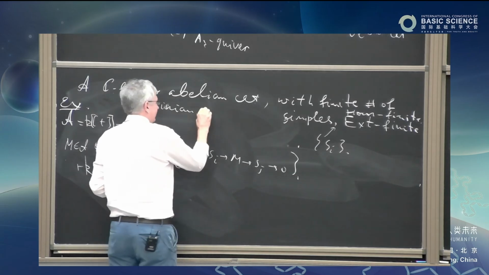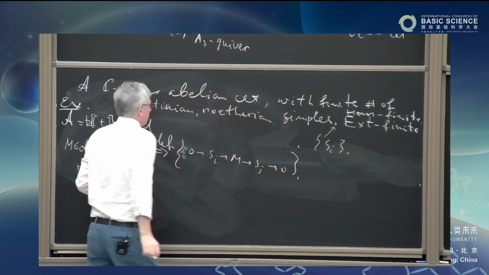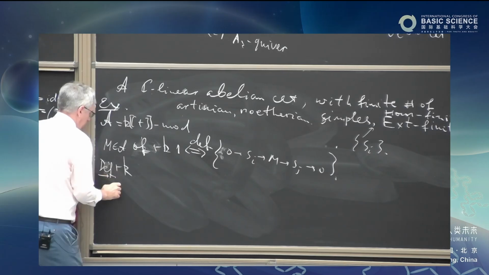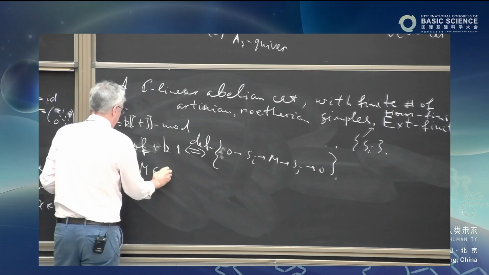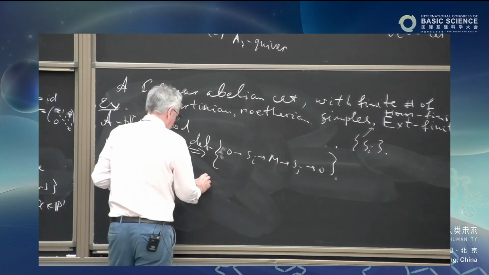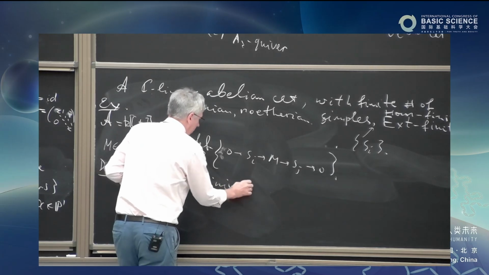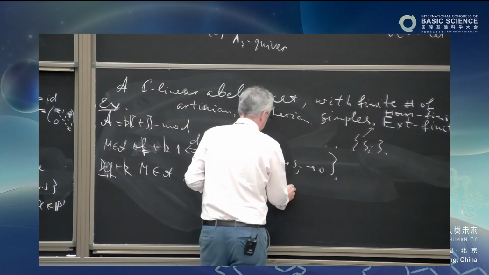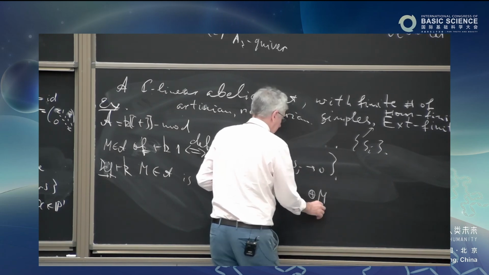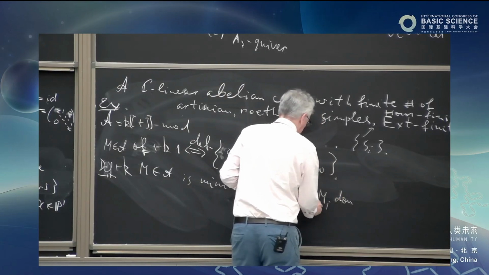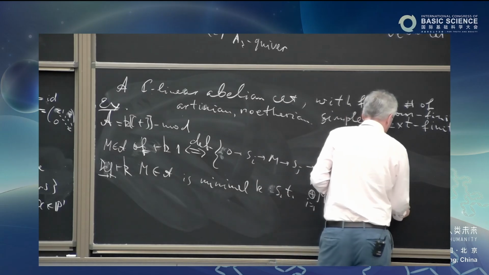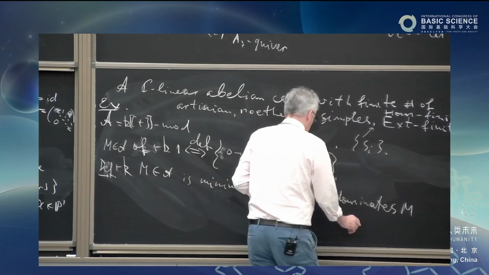So then we can define the rank of the object M as the minimal k such that the sum of M_i, i from 1 to k, dominates our module M in this sense, and the rank of each M_i is 1.